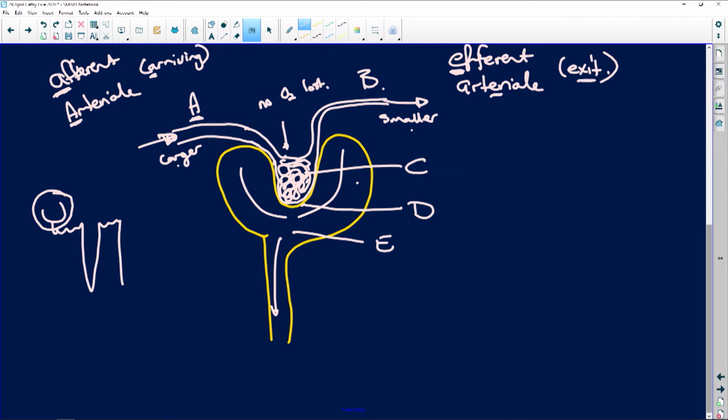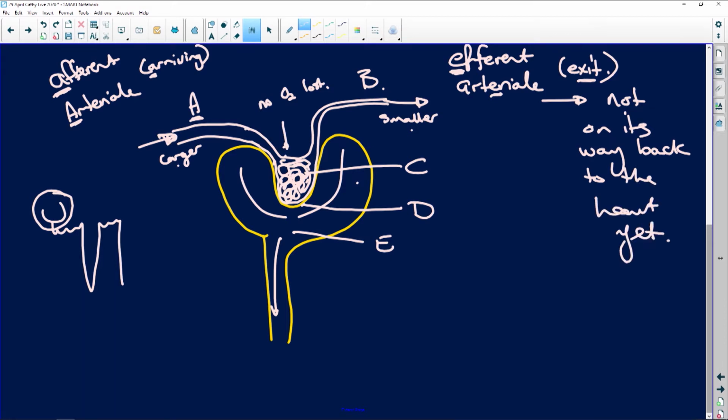Why is it still an arteriole? Because it is still going through the kidney. It is not on its way back to the heart yet. So it's still an arteriole. Remember, an artery splits up into arterioles, and arterioles split up into a capillary network.